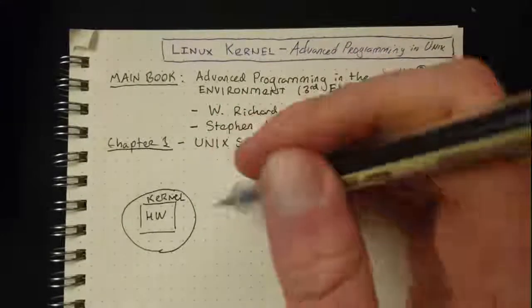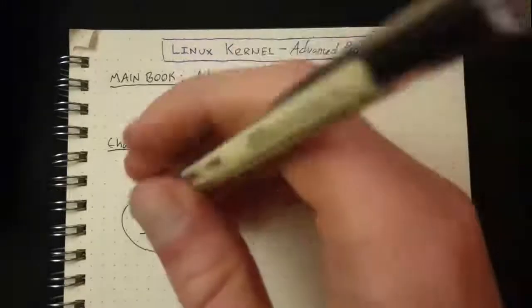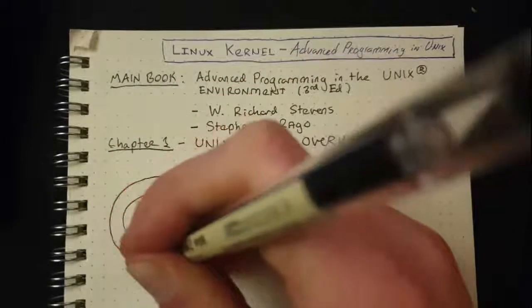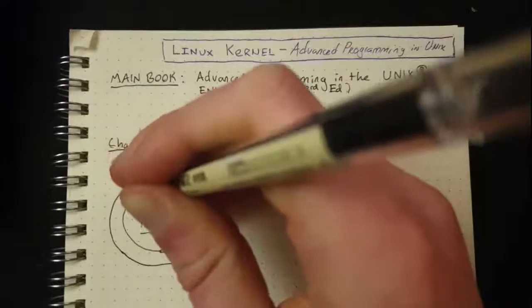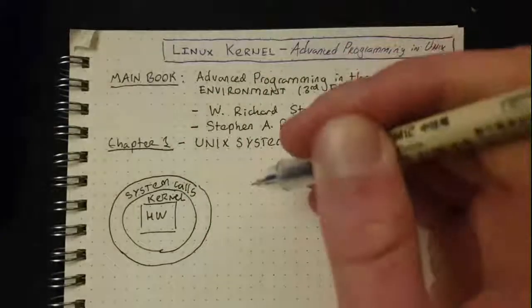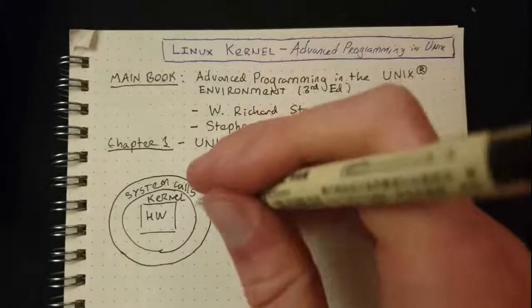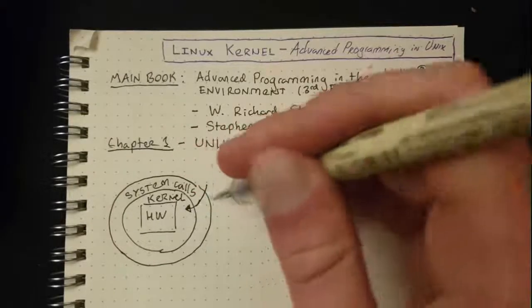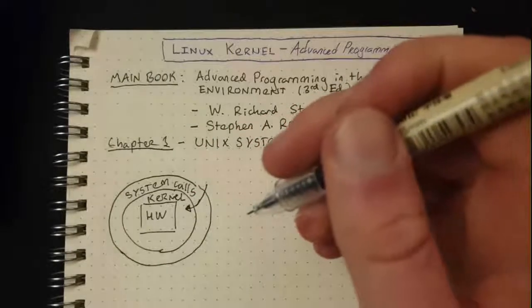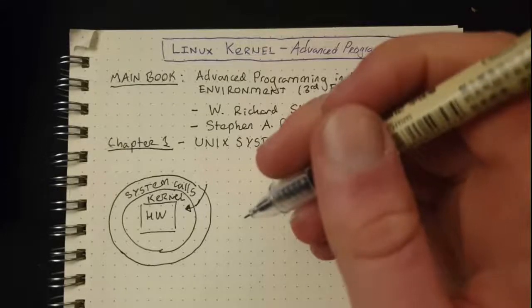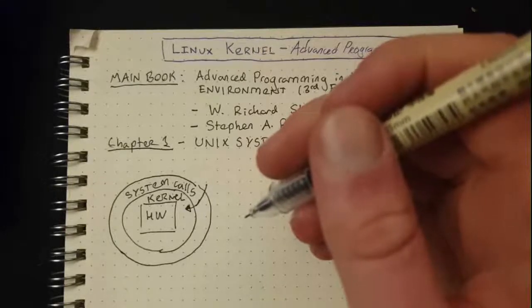Now, to interact with the kernel, you need to perform system calls. Now, these could be things like, hey kernel, my program needs more RAM. Please give me RAM. Now, system calls are not the only way to interact with the kernel.